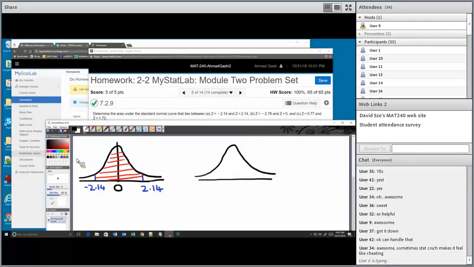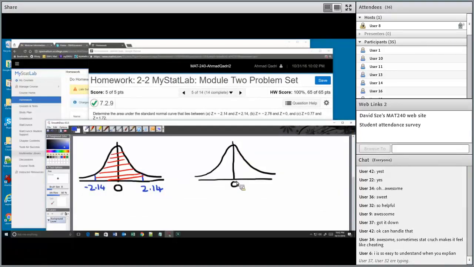All right, so I'm going to say center is again at 0. Okay, let's do this one. So where is this? Between minus 2.78 and 0. Obviously, the 0 is in the center, right? So this is that line. Where is minus 2.78?